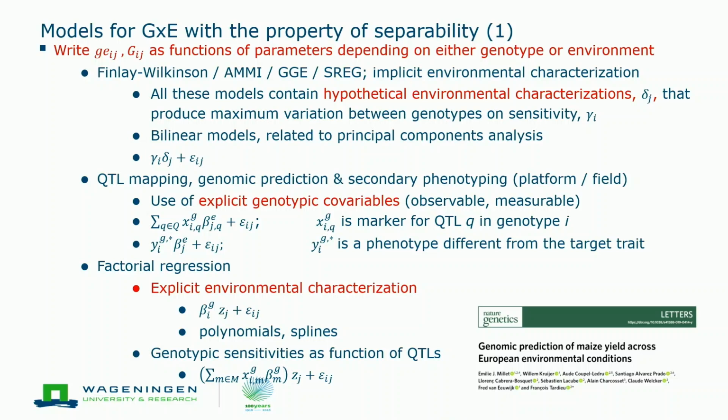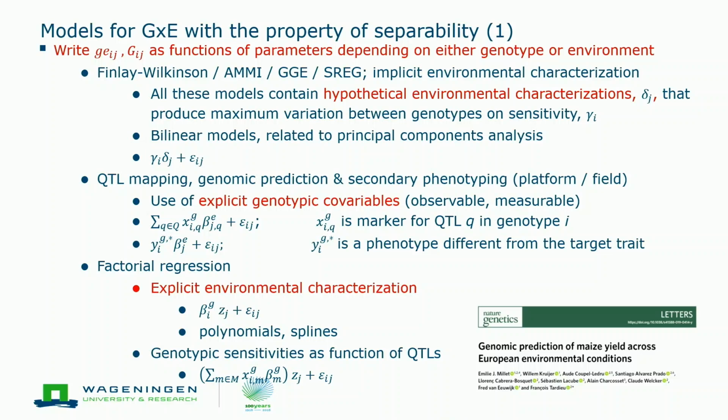Here's an example for the environments. Well, for the environment, it's relatively simple to imagine because, for example, you use your crop growth model to calculate some kind of stress index, and then Zj would be the value for that stress index in that particular environment, and then you try to estimate the sensitivity to that stress index. And well, you can do that in many ways.